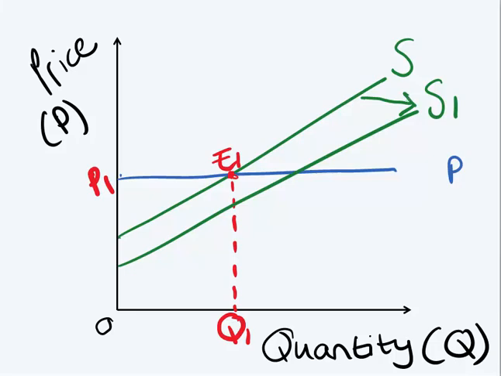So now, the cool thing is, we are at a new equilibrium. Let's call that E2, and at E2 we produce a larger quantity, whatever the farmer produces. So obviously there's an increase in his produce, in the quantity, in his output.